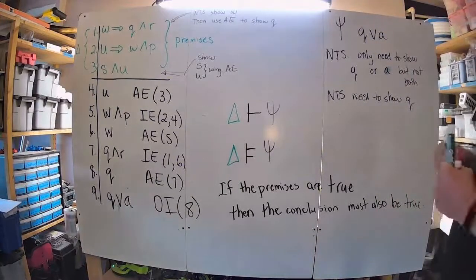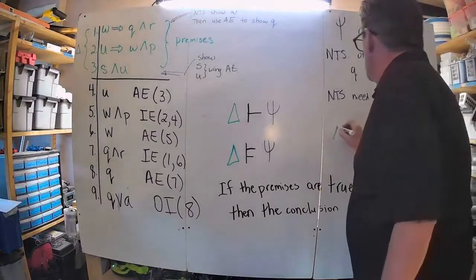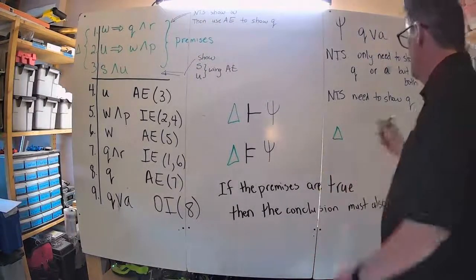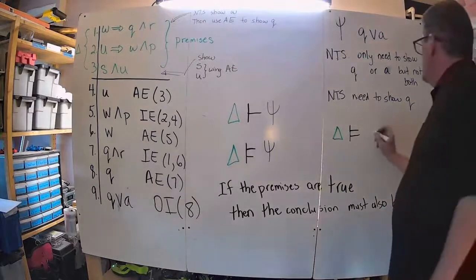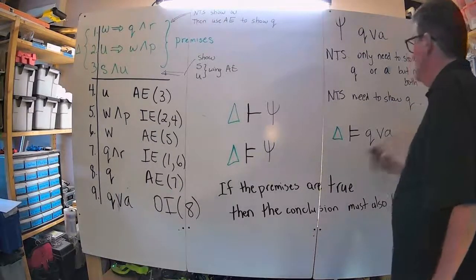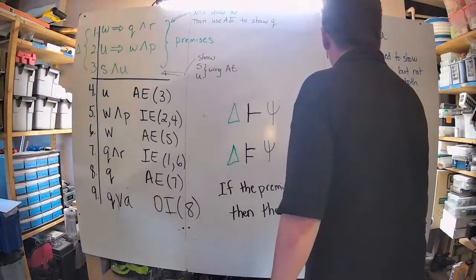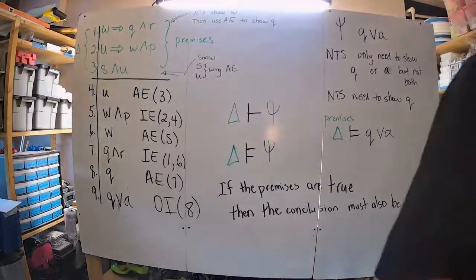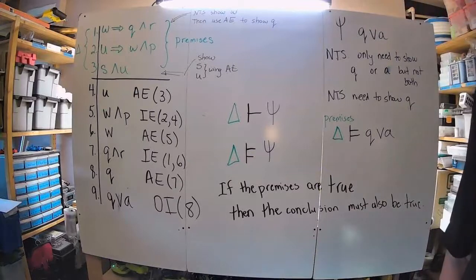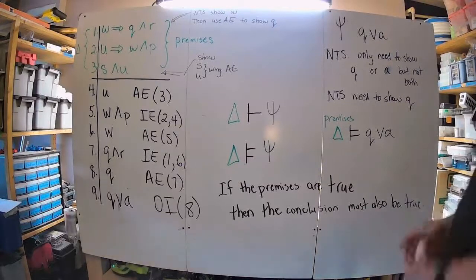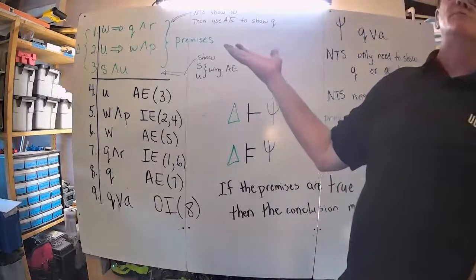That's through provability. And so my final thing is to say that delta entails Q or A. Or another way to say that is these premises entail Q or A. So again, the strategy is you have to get this set up in your mind before you start doing it with students, like practice it a little bit and say, all right, I'm going to start off with these premises, this set of sentences that's called delta, that we know are true from some outside source.